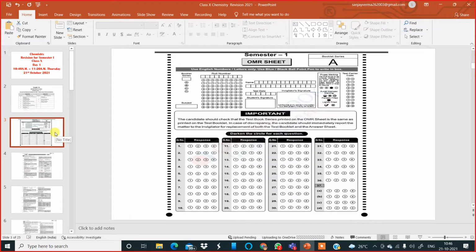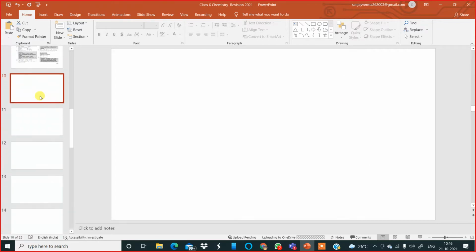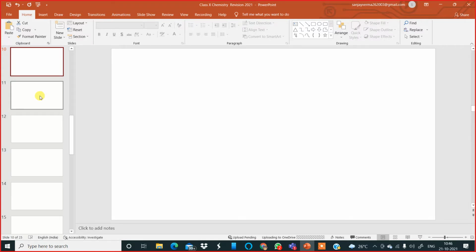Now, let us begin with the revision questions from the first chapter, periodic properties and variation of properties. That is unit 1.